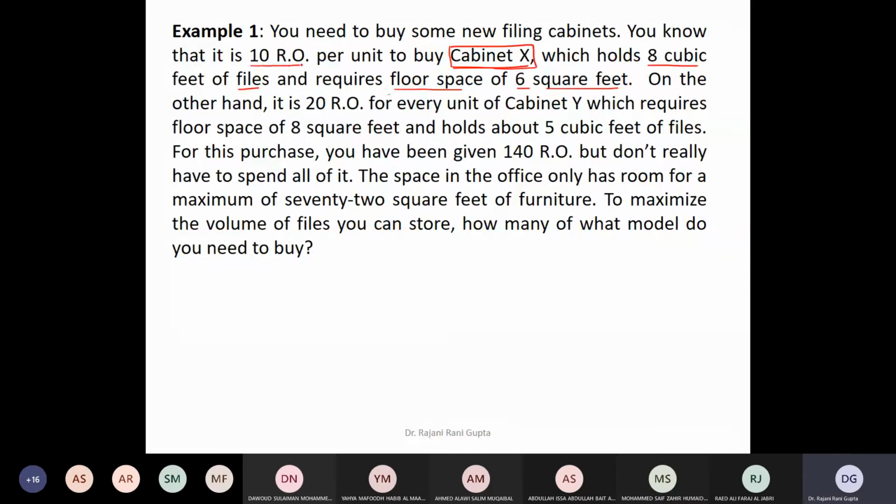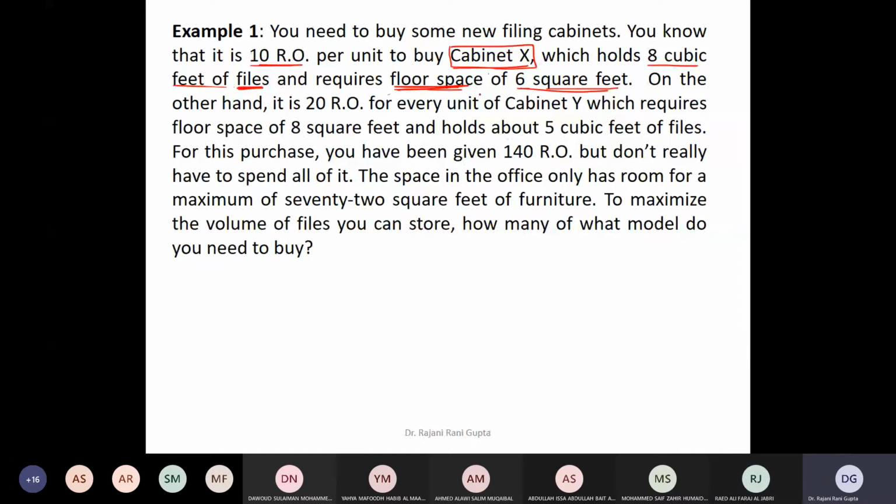First of all, the cost, then the volume of files that it can hold, and then the floor space required to keep that cabinet. A cabinet is like a cupboard, so definitely it needs some space to keep it, right? So these are the 3 things associated with it.